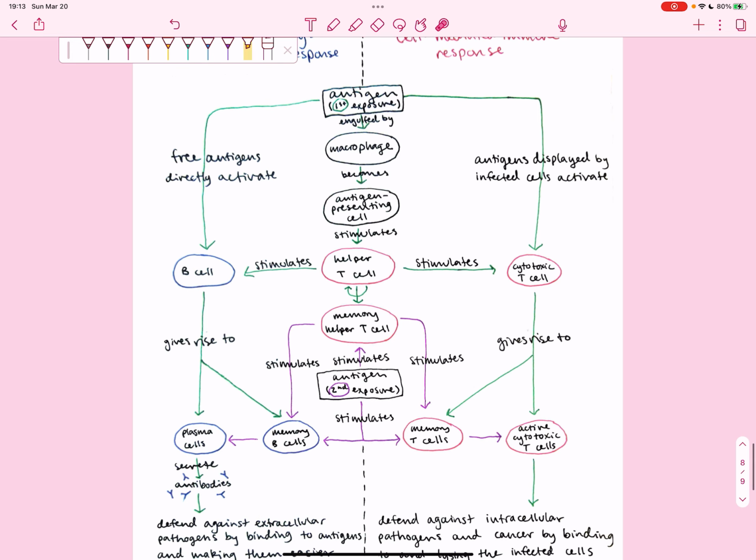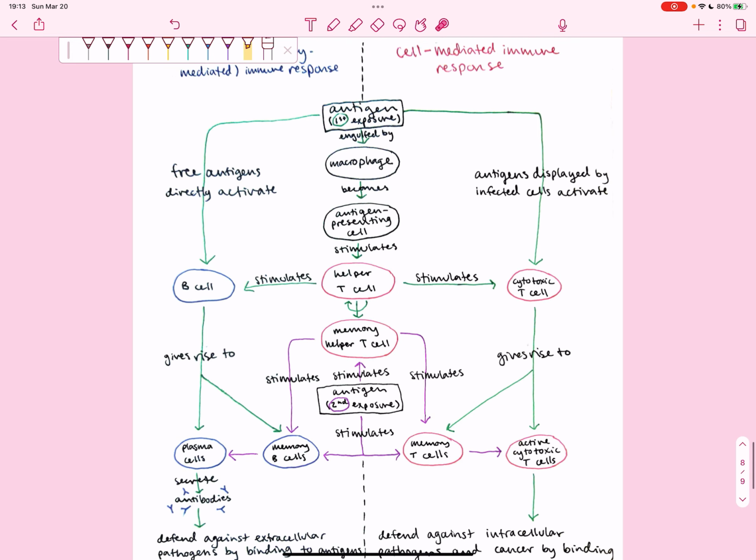Then, the helper T-cells, it's a positive feedback loop. And they also create memory helper T-cells. So memory helper T-cells come into play when you have a second exposure to an antigen.